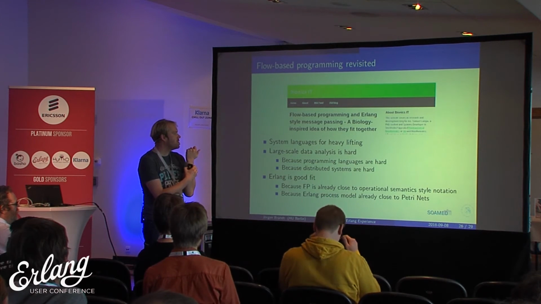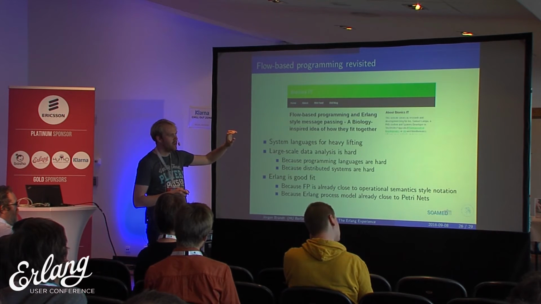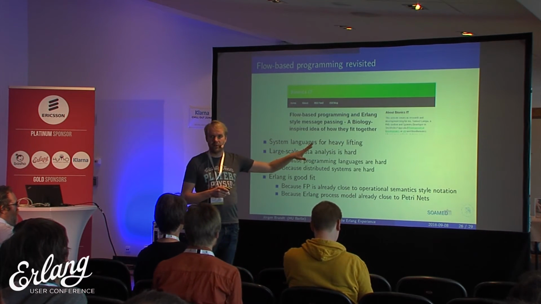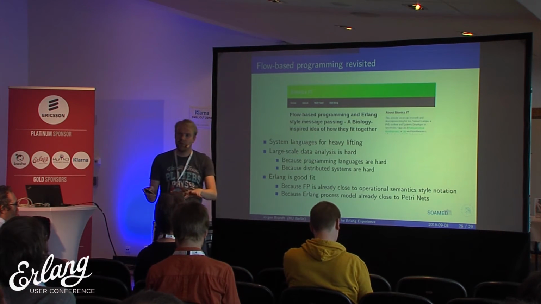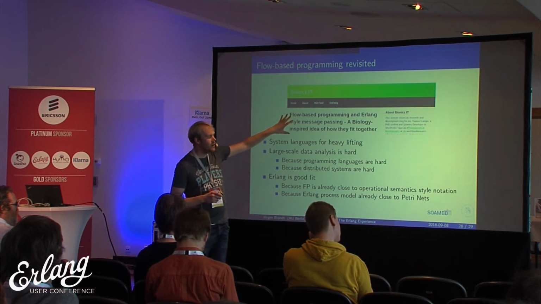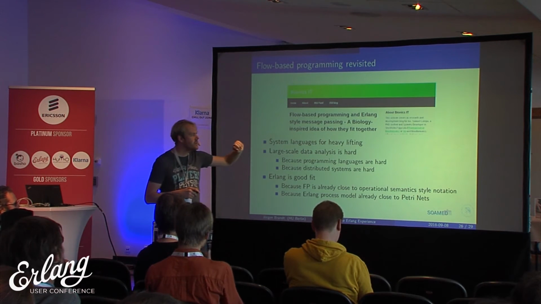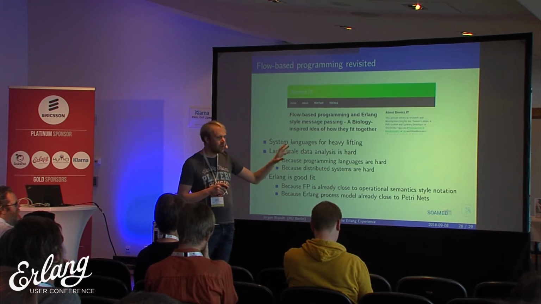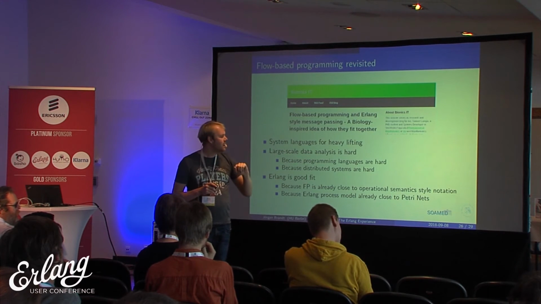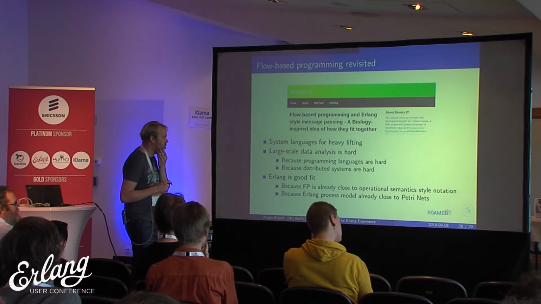And also what I just showed you, these two models, the operational semantics for the language and the Petri nets for the distributed system, they are all for the organizational part. So in the biology analogy, the communication among cells.